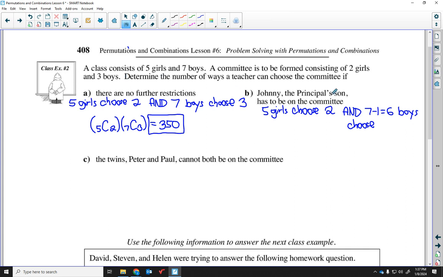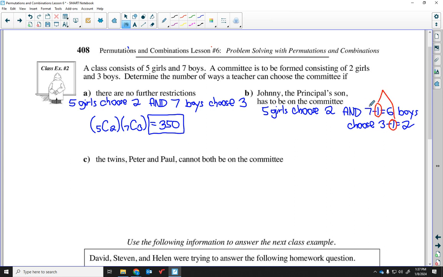Well, if Johnny has to be on the committee, then we have 1 fewer spot to fill as well. So instead of choosing 3 spots for boys, we now have 3 minus 1, which is equal to 2. So again, the whole idea right here is just by clarifying that Johnny has to be on this committee, that's why we're subtracting 1 here.